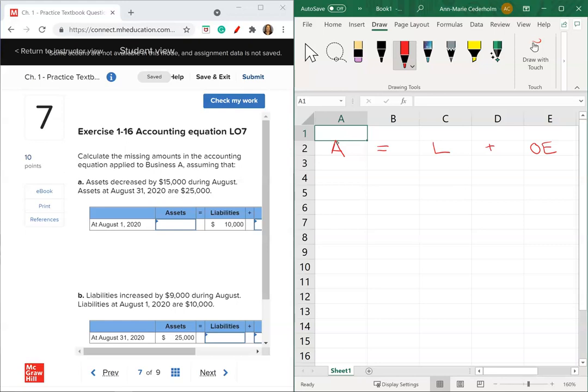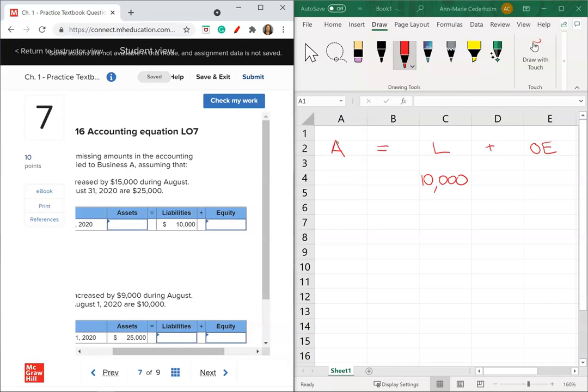It says at August 1st, 2020, we don't know what our assets are, but we know our liabilities are $10,000. And if we scroll over here, we also don't know what our owner's equity is. So they have to give us enough information to at least find one of the unknowns, and then we can just work backwards.